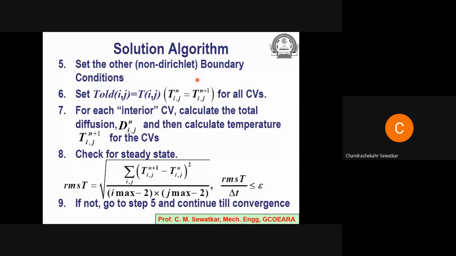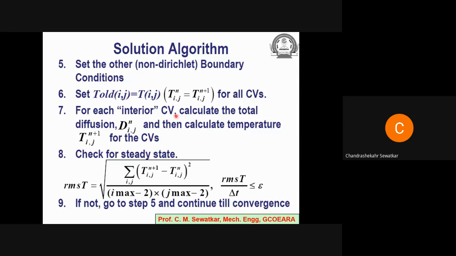Having done this, we assign all the Tij values which we have so far to T old ij. We define another variable T old ij, and we assign all the Tij values to it. That is, Tij at nth level is equal to Tij at n plus 1 level for all control volumes.